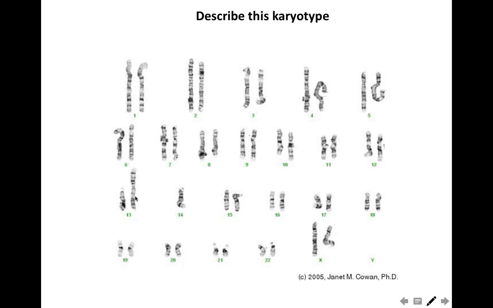So it is a Robertsonian translocation, which is joining of the Q arm of 13 and 14. Okay? So the sex chromosome here is XX. So the total number of chromosomes will be, you count the bodies.